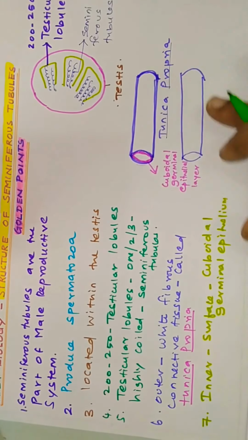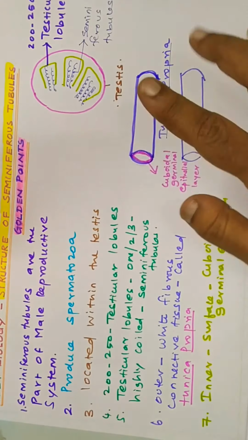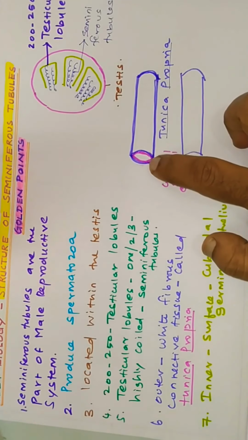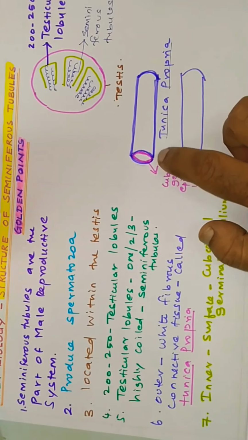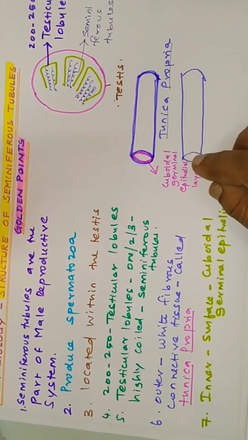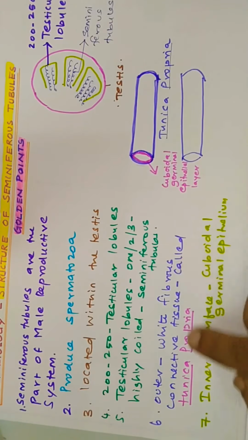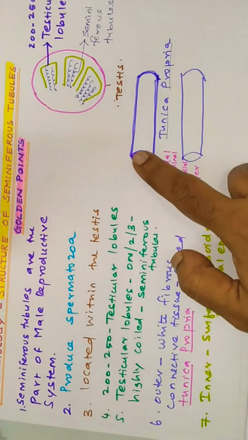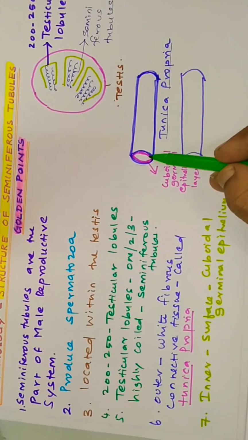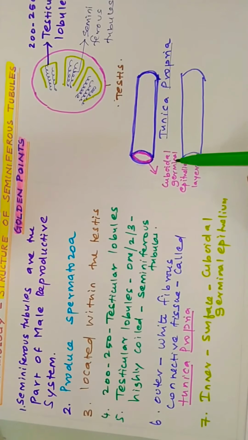So this is the structure of the seminiferous tubules. The wall is made up of a double layer: the outer white fibrous connective tissue called tunica propria, and the inner layer made up of cuboidal germinal epithelial layer.